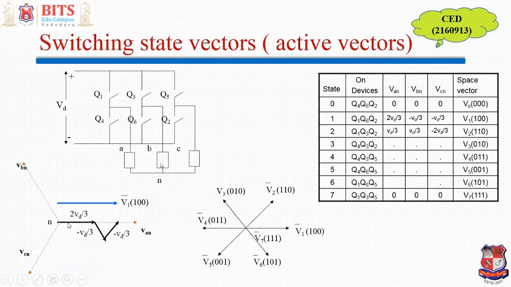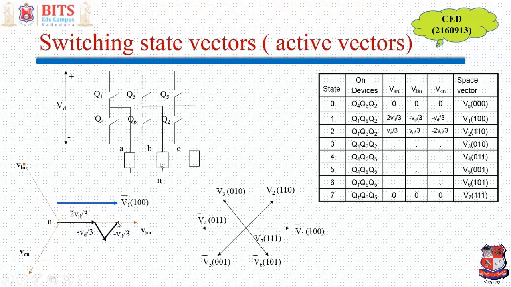That means 2 VD by 3 over here along the direction of the A axis, minus VD by 3, that means opposite to VB, and minus VC, that means opposite to VC. So if I find the resultant of these 3, this is 2 VD by 3, that is A phase, this is B phase, and this is C phase.